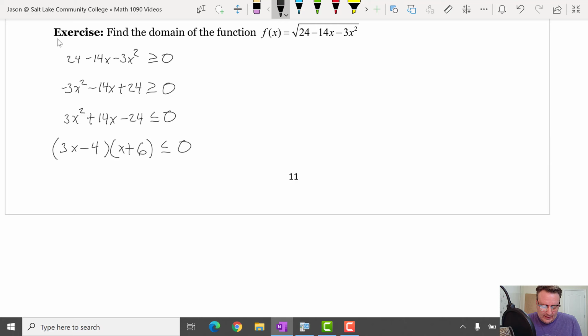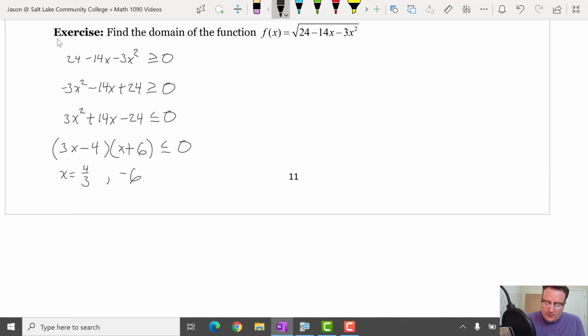So let's see now. This is a polynomial which opens upward. And I want to know where is this polynomial less than or equal to 0. It has zeros at, let's see, x equals 4/3 and -6.